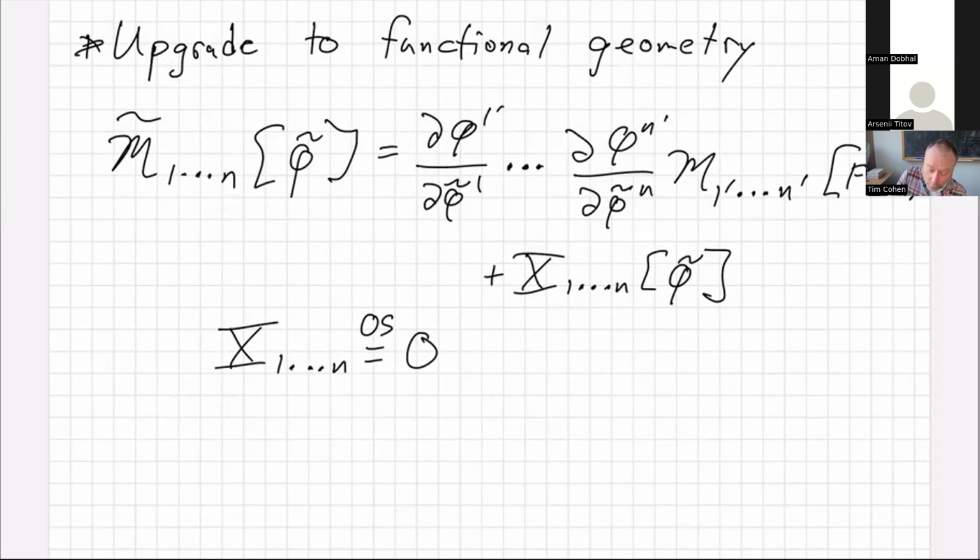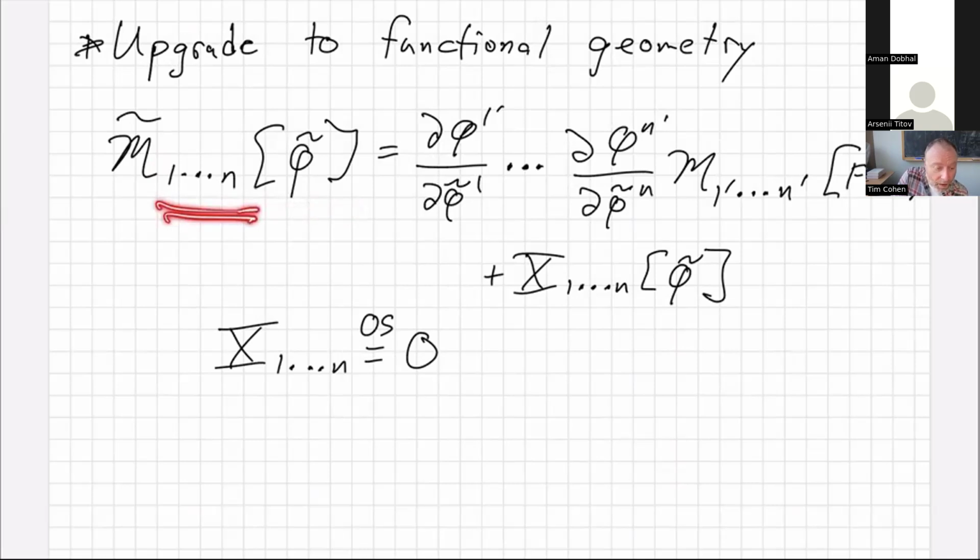One of the things is that a derivative field redefinition mixes the field labels and the momentum labels, so you need these indices to be an upgraded notion of a field index. It also needs to keep track of the momentum. In fact, everything that we do in the paper is defined explicitly in momentum space to make that manifest. So this formula looks almost identical to the one I just flashed back to, but the interpretation is quite different. This is a functional of phi now, and these are both field and momentum indices together.